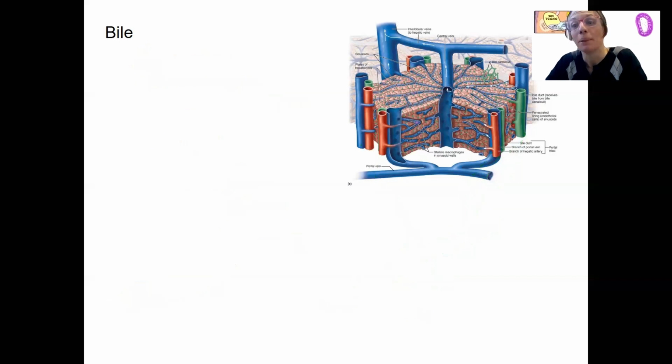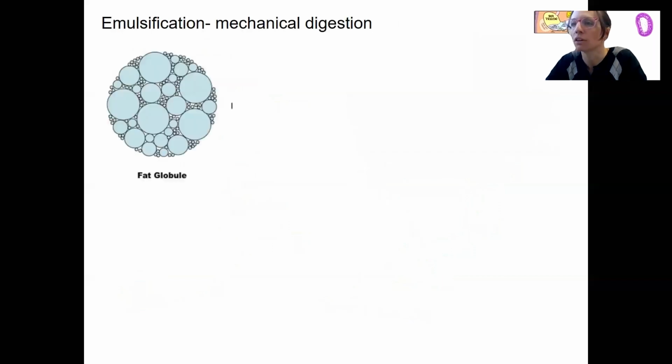Okay, so let's talk about bile salts. Pretty cool stuff. This is a globule of fat, as I have labeled. Fat is what? Hydrophobic. So if we want to be able to break down fat, ultimately by an enzyme, we need to be able to break this thing up. This is called emulsification.